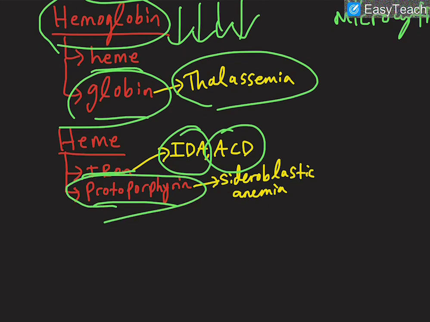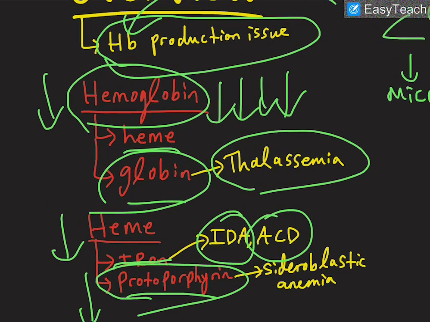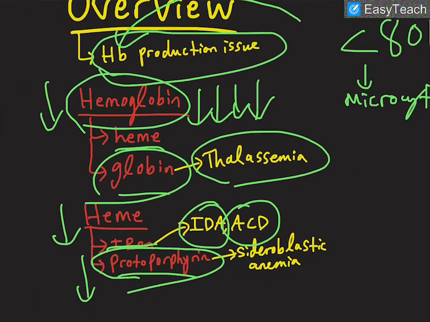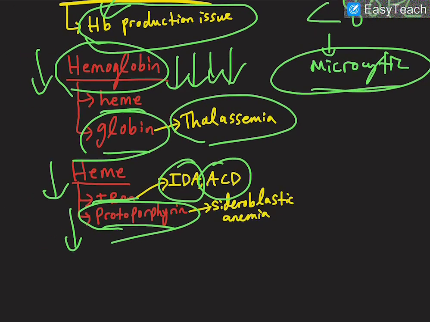If you can't produce protoporphyrin properly, that's sideroblastic anemia. So you can't produce heme properly, you can't produce proper amounts of hemoglobin, and your red blood cells are smaller than usual, therefore microcytic anemia.